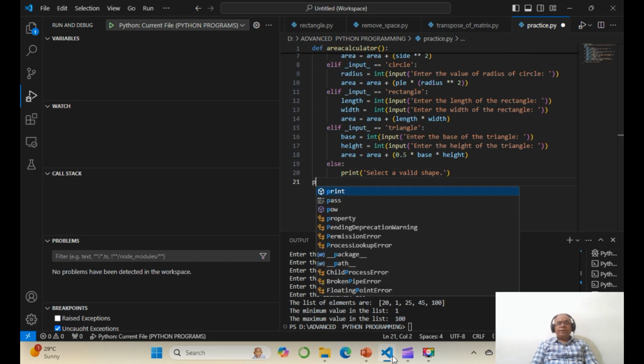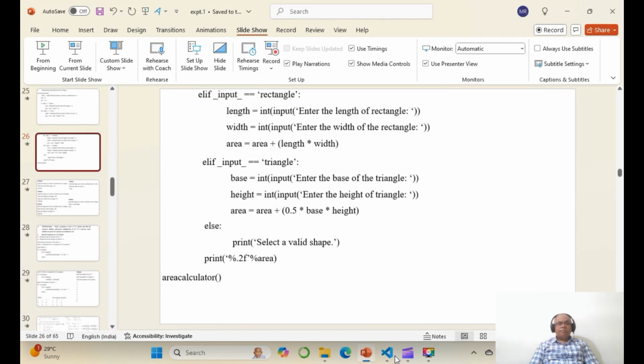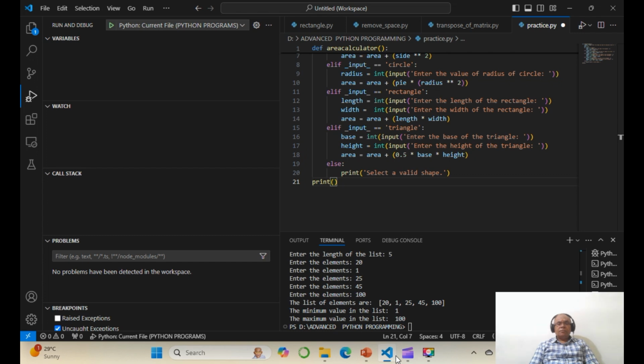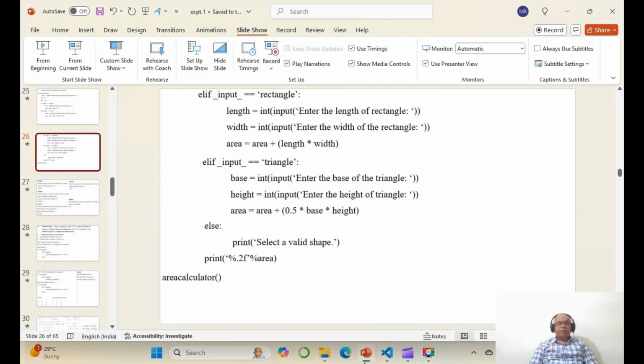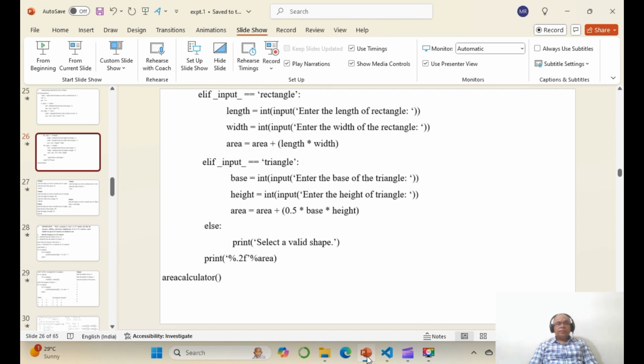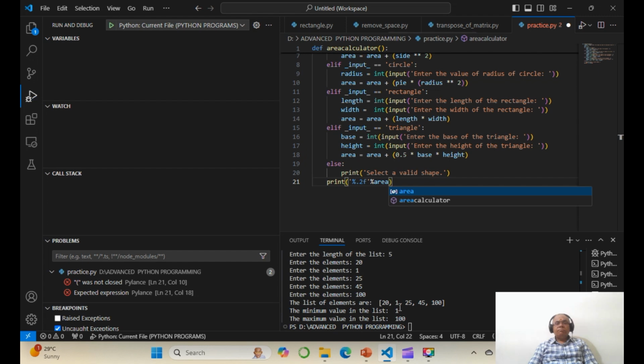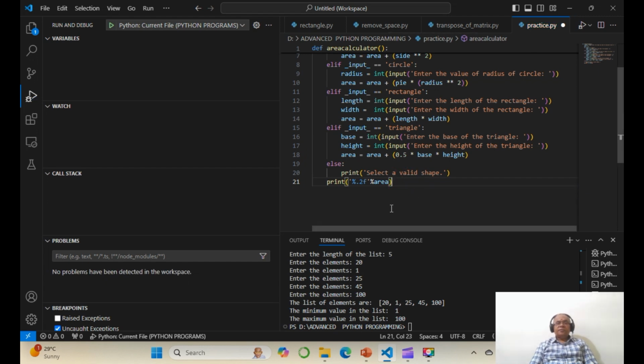Then print, percentage 0.2, percent area. Now we will try to execute this.